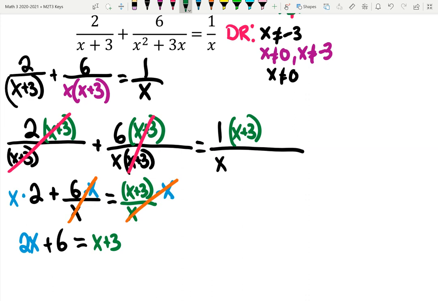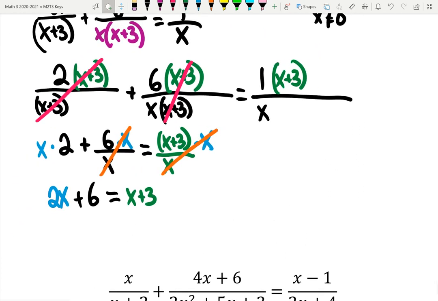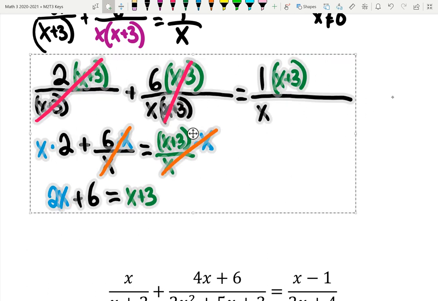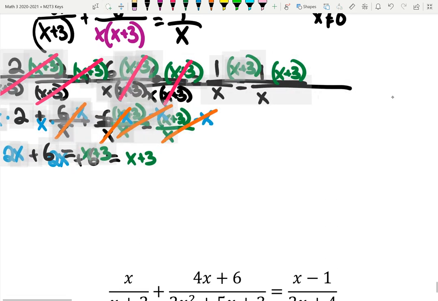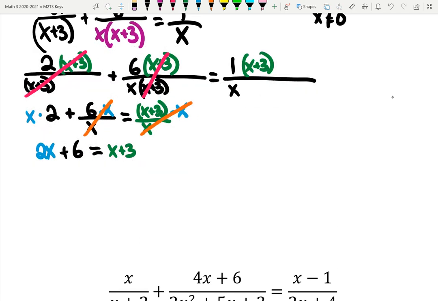Okay, time to solve this. There are two techniques you can use. I'm going to show you the way that I would prefer you to do it, and then I'm going to show you the alternative. All right, 2x plus 6 equals x plus 3.